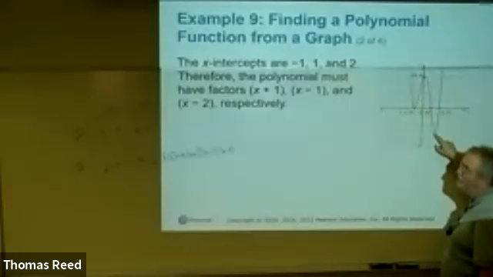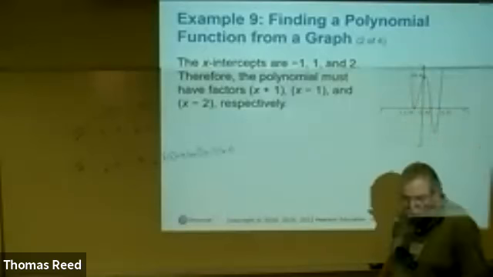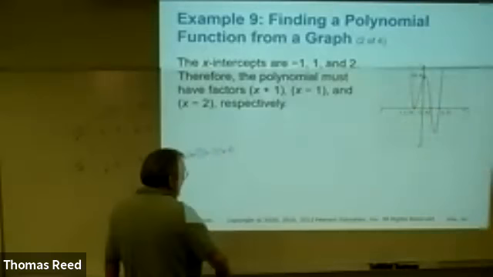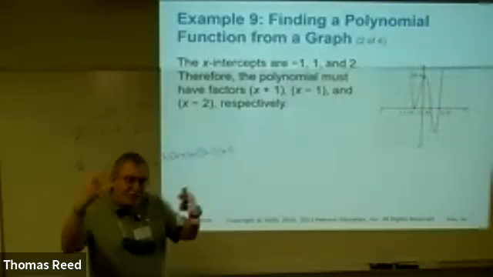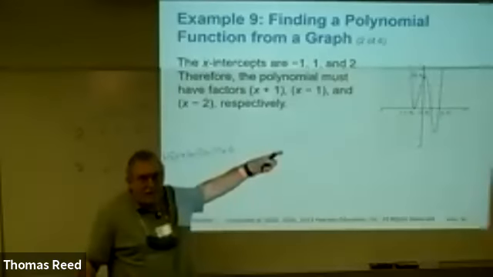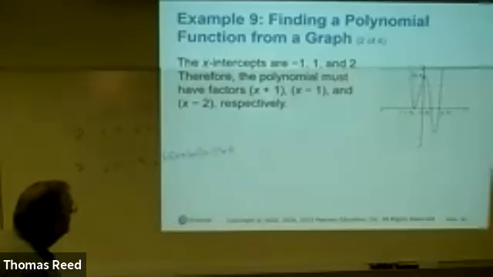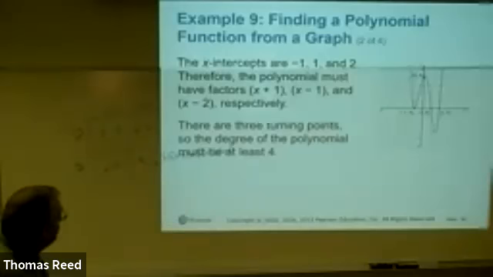So the smallest degree here is degree 4. If I add the exponents together, they equal 4, which matches what we discovered about turning points. There are 3 turning points, so the degree must be at least 4.